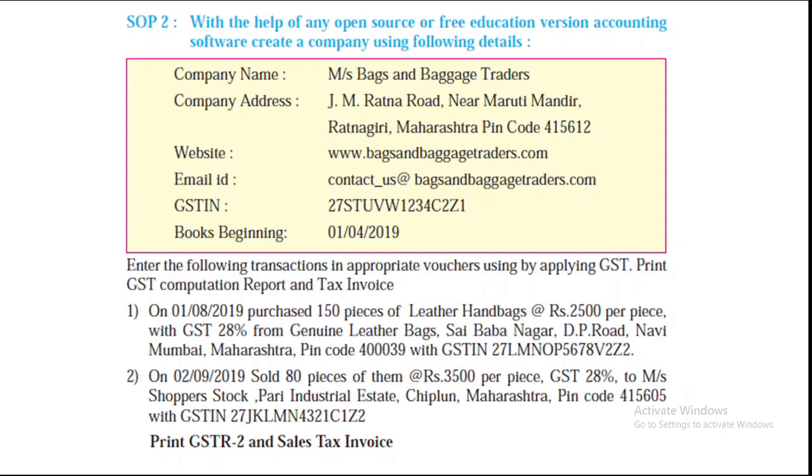Bags and Baggage Traders, company address, JM Ratna Road, near Maruti Mandir, Ratnagiri, Maharashtra, pin code 415612, website www.bagsandbaggagetraders.com, email ID contact_us@bagsandbaggagetraders.com, GSTIN 27 STUVW 1234 C2Z1, books beginning 1st April 2019.